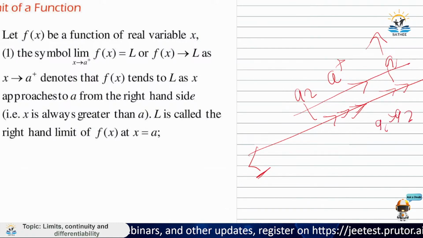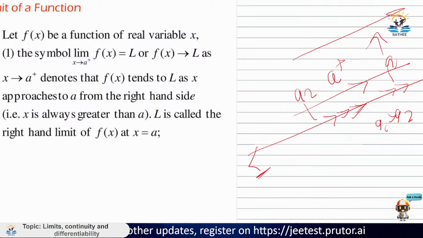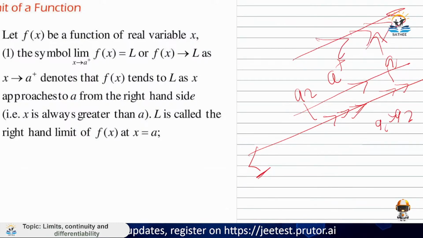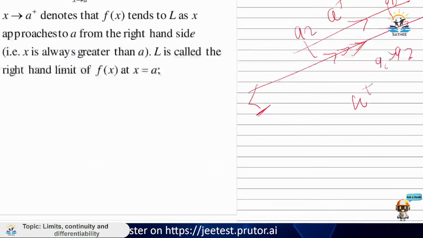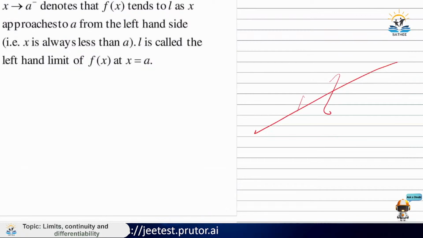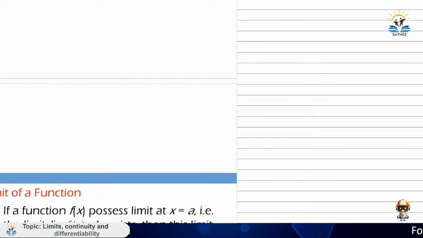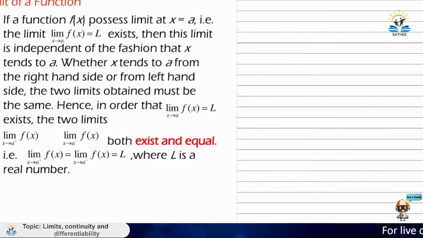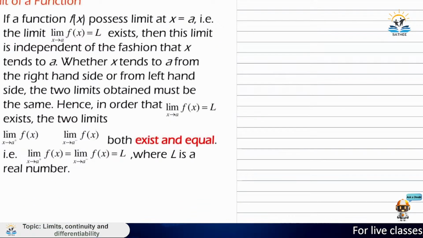So that is why we take this as the right hand case, because as we move towards the right our value is increasing, so it is a positive. And similarly for left hand, as we move to the left, the value of A keeps decreasing, so it is a minus value.